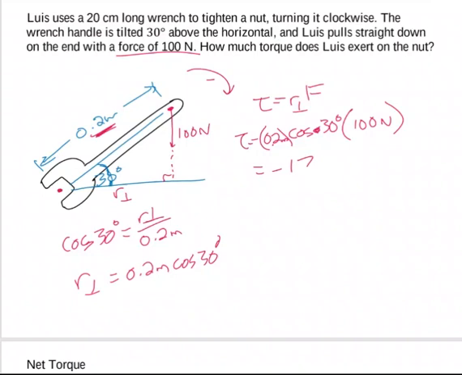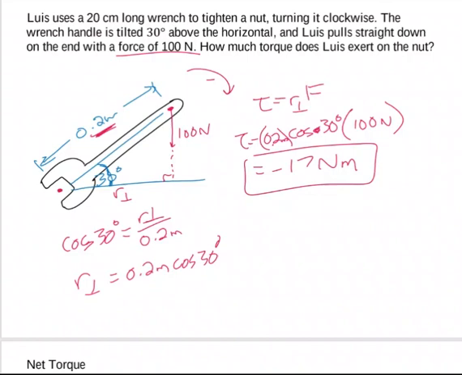Now, the force had units of newtons, but the moment arm had units of meters. So newtons times meters. Torques are a force applied times the radius distance: newtons times meters, newton meters.